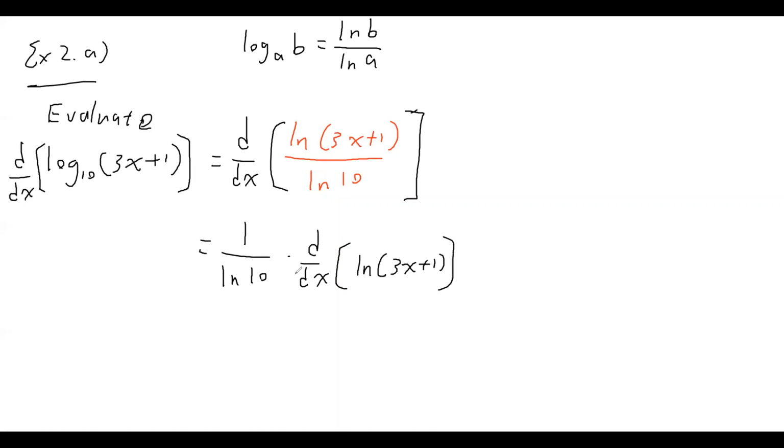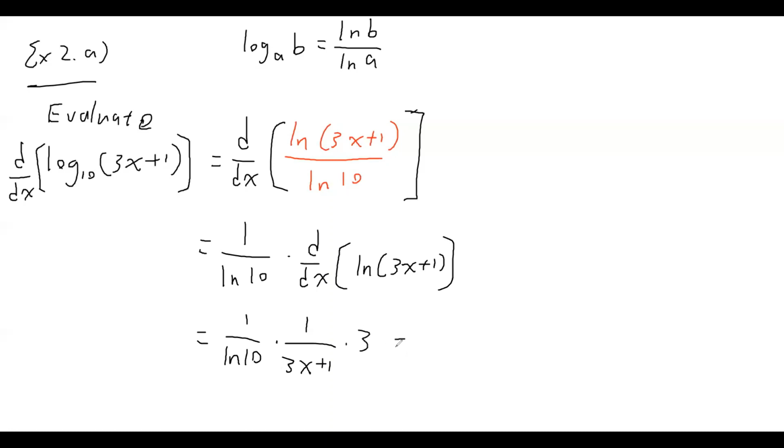And this is pretty easy to do. 1 over ln of 10 multiplied by, so push 3x plus 1 down to the denominator, 3x plus 1. And don't forget to multiply by the chain rule of 3x plus 1, that is a 3.